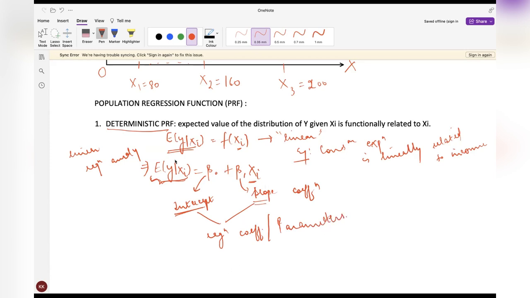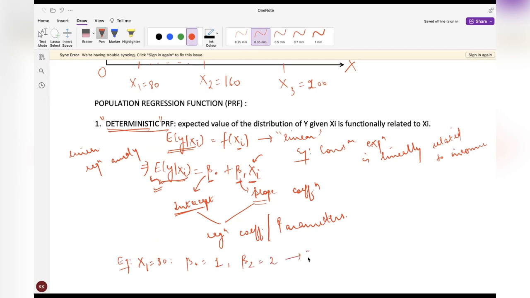So this is our deterministic PRF. Now, why do we have this term deterministic here? The reason is, for any given value of xi, if we are given the value of beta 1 and beta naught, we can easily compute the value of expected value of y given xi. For example, let's say that x1 is equal to 80 and I have my beta naught as 1 and beta 1 as 2.